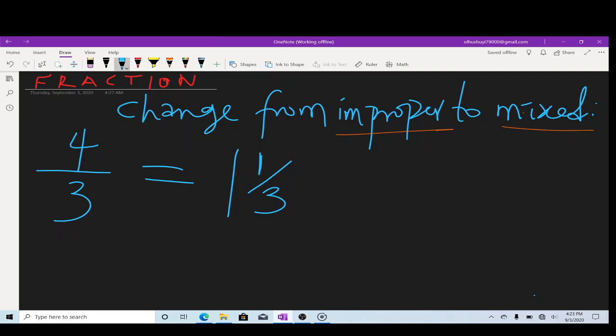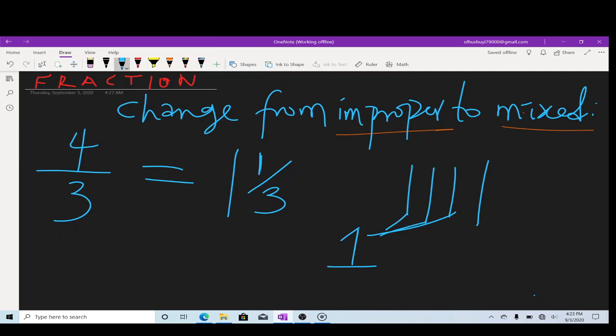Am I communicating? So you have 4. Out of the 4, you've taken out 3. What do you have left? You have the 1. Check how many 3 you see in this 4. 3 will go here only once. 3 will divide 4 once.